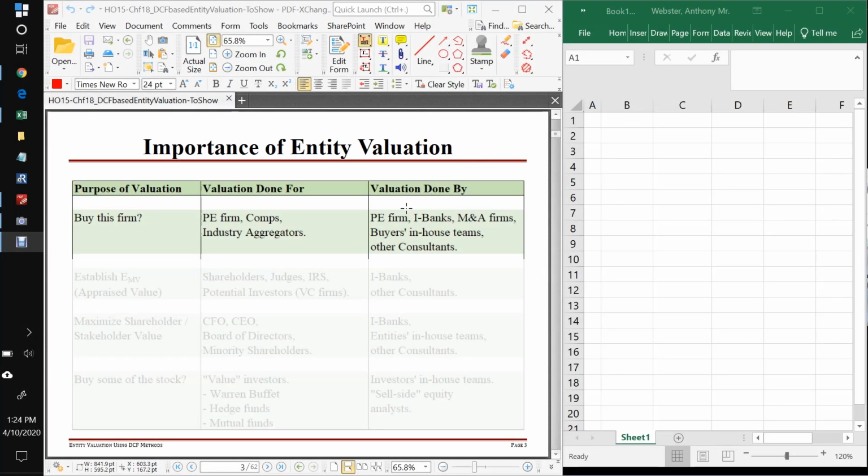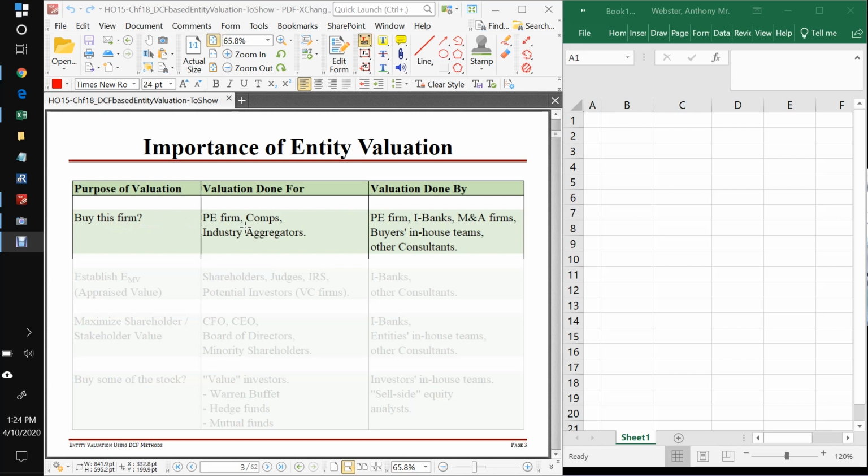So first, let's think a little bit about why we care about entity valuation in the first place. Entity valuation comes up in many areas of finance and other related areas. So for example, if we are something like a PE firm, we might want to ask the question, should we buy this firm?